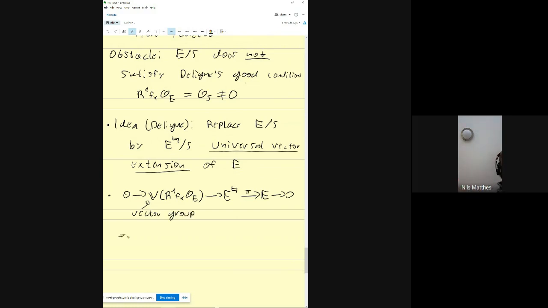So in particular, E natural is an affine bundle over E.